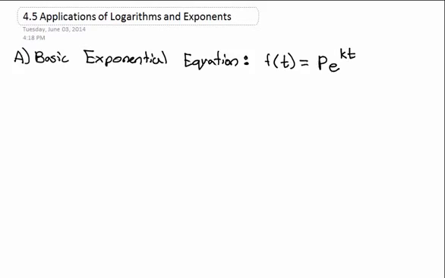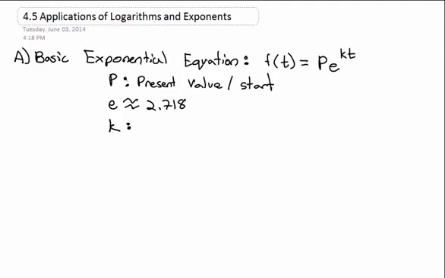Now each one of these variables is going to mean something to us. The p is what we call the present value. Another way of thinking about it is where you start. The e, we've already seen that as Euler's constant, is approximately equal to 2.718, and that's that e natural base for our natural log that we've talked about before.